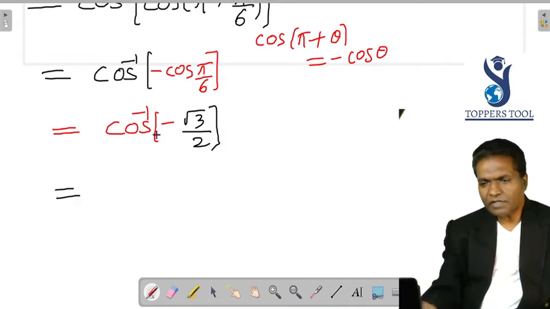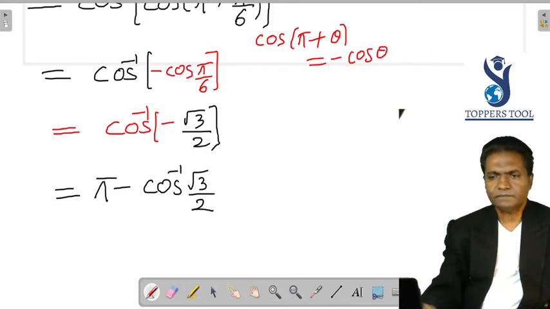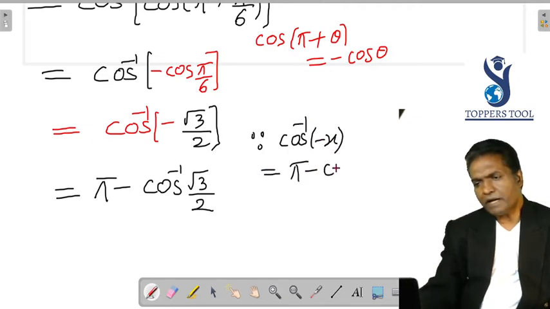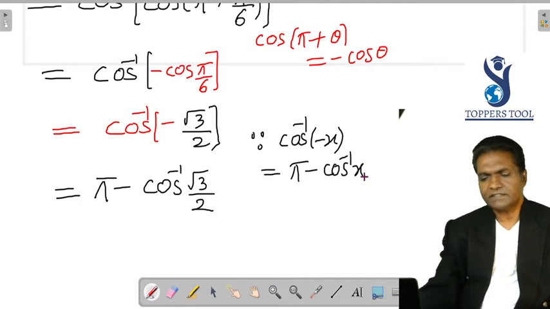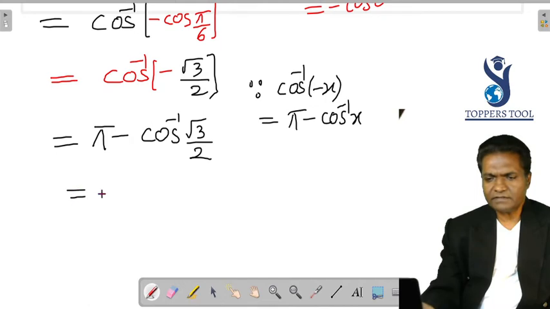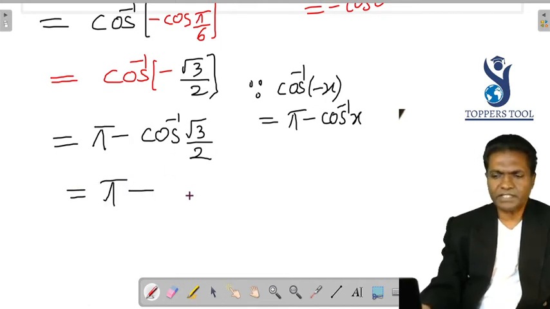Now further, what is cos inverse of minus x? Cos inverse of minus x is pi minus cos inverse x. That is the property you have studied. So now you get pi minus cos inverse of root 3 by 2.